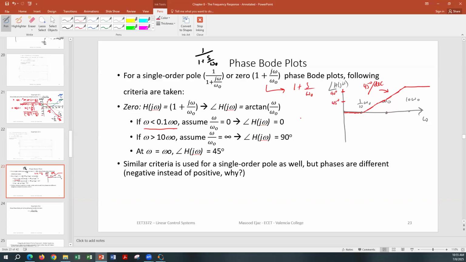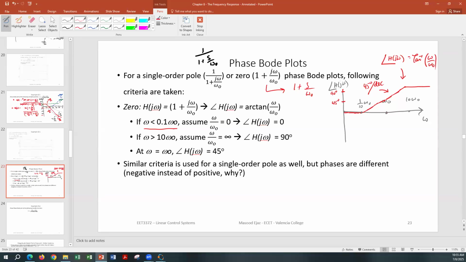The same thing is going to be applied for your 0. So this is for the 0. So this is for angle of H of j omega is equal to tangent inverse of omega over omega naught.